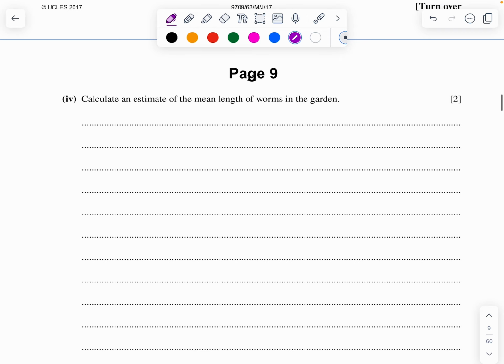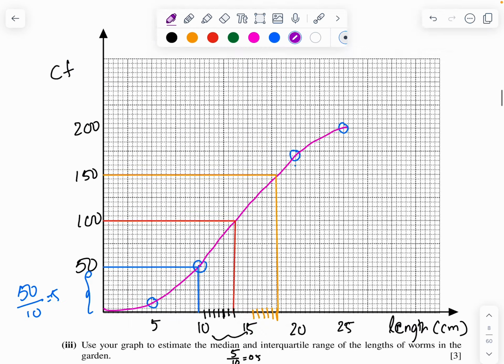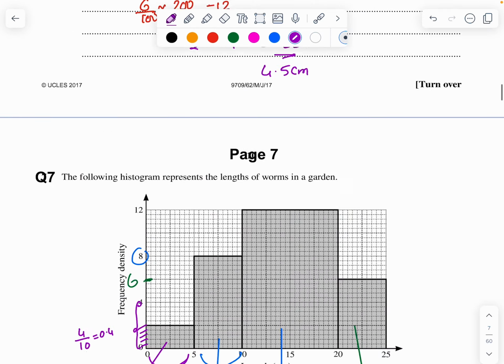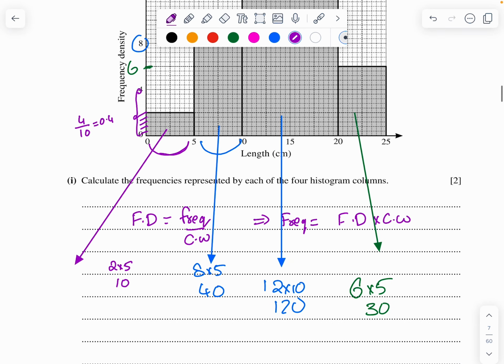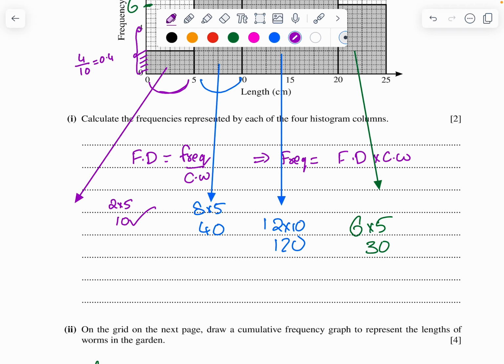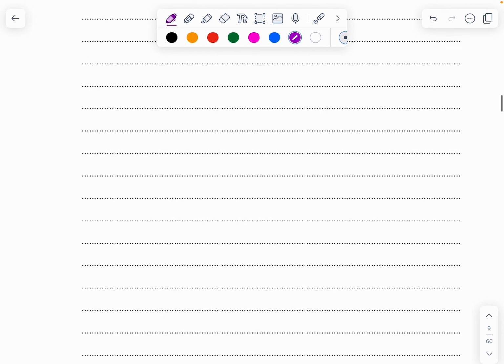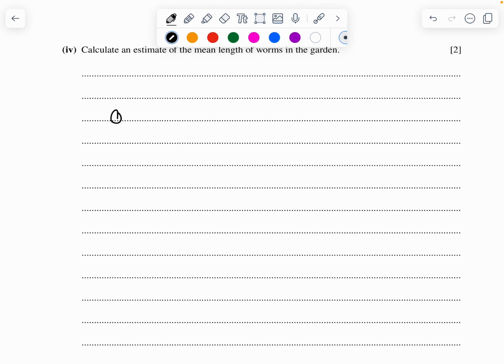Calculate and estimate the mean length of this one. So for calculating the mean length, we have to make a table. Between 0 to 5, the frequency is 10. So make a table: 0 to 5, frequency is 10.